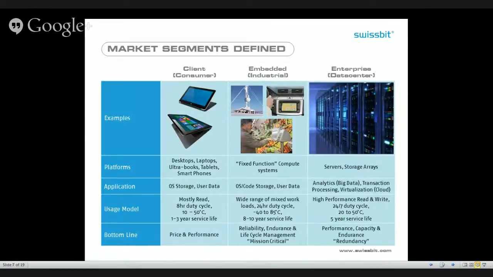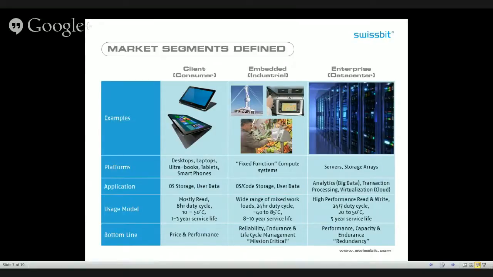So when we look at these market segments in more detail, client or consumer is typically used in laptops, ultrabooks, tablets, and smartphones. The application here is OS storage and user data. The usage model is mostly read, and it's a very light duty cycle.